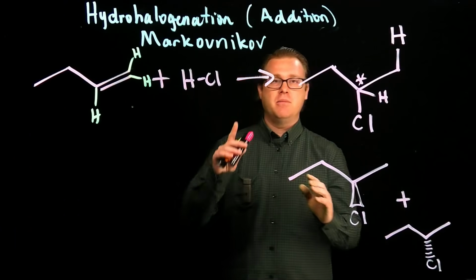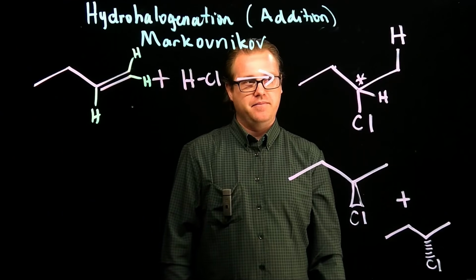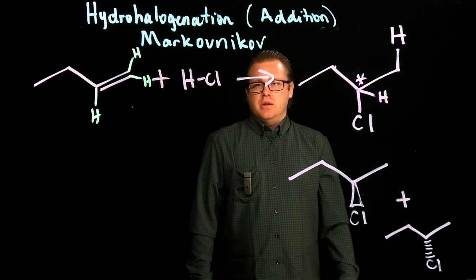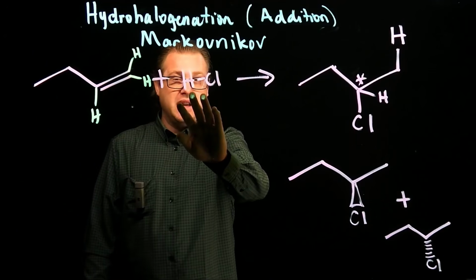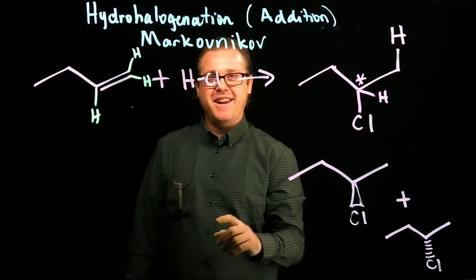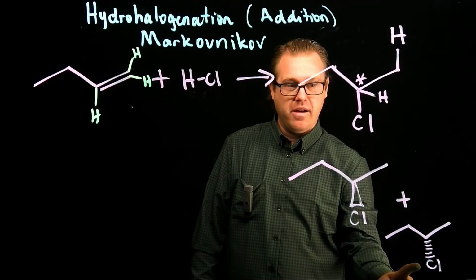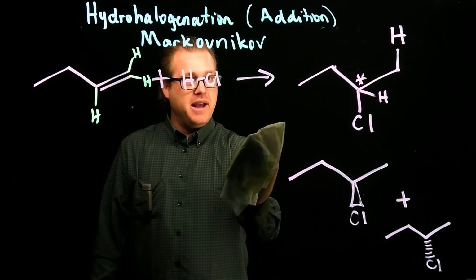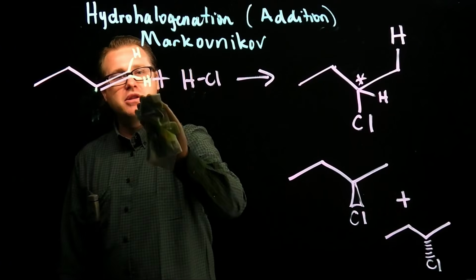The mechanism will help you predict what the products are going to be. Okay? So the mechanism already told us the regioselectivity, the Markovnikov rule. Now the mechanism is going to help us understand the stereochemistry as well. This is so cool. So if we go through the mechanism, let's do that. Okay, so let's get rid of these green hydrogens here.